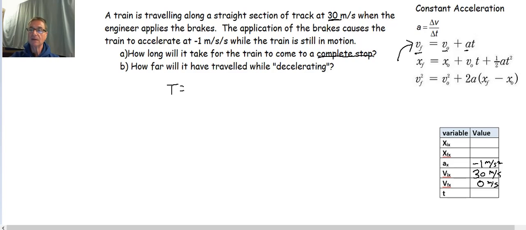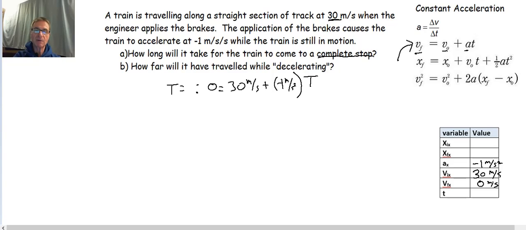So final velocity is 0, which equals the initial velocity, 30 meters per second, plus a times t. Well, a is -1 meters per second squared, so it's a pretty slow acceleration. We've got -1 meters per second squared times time.